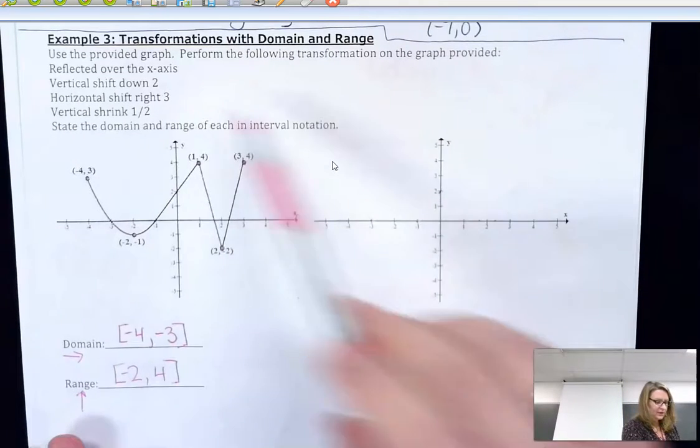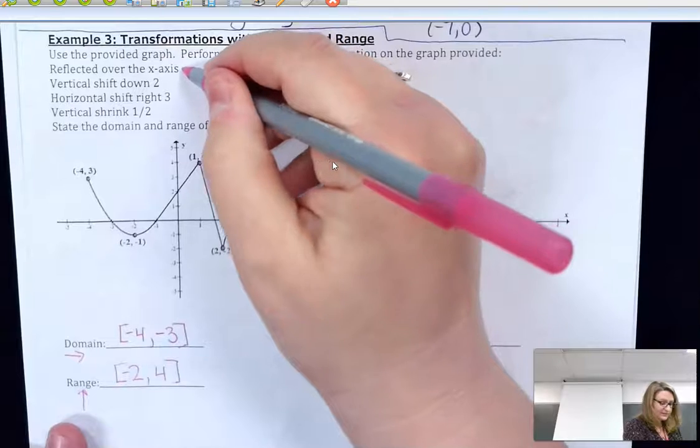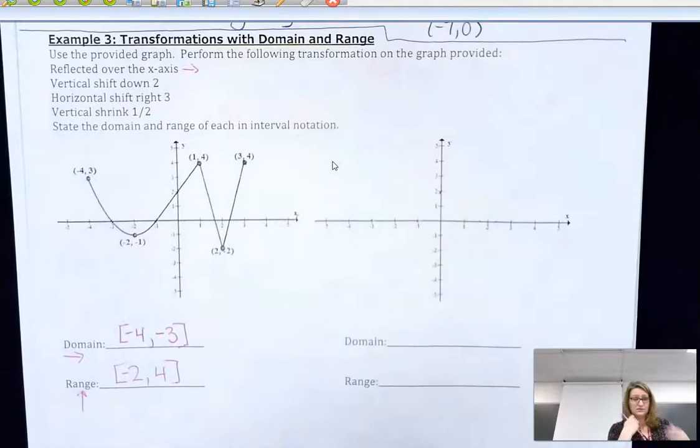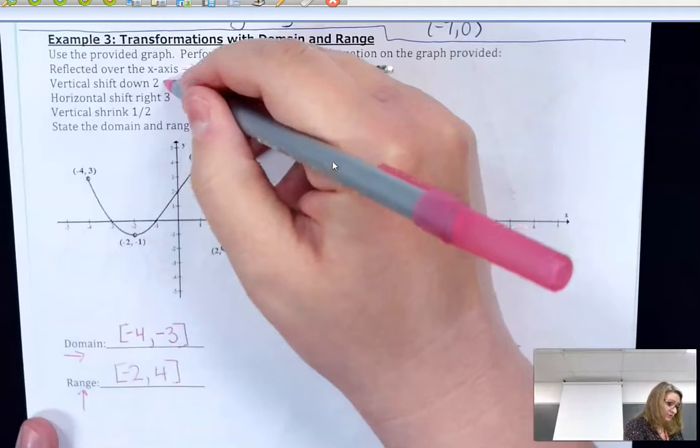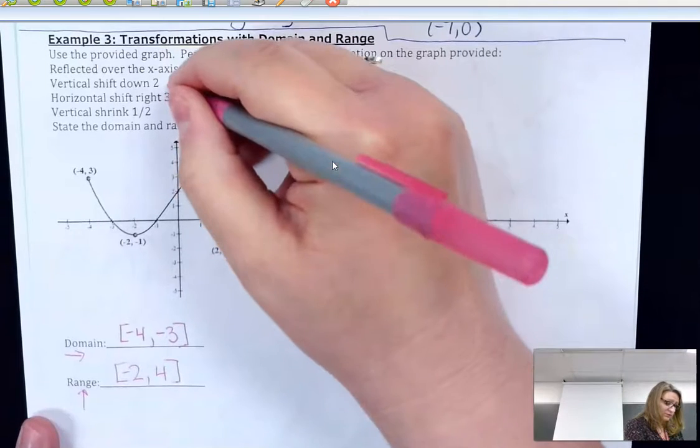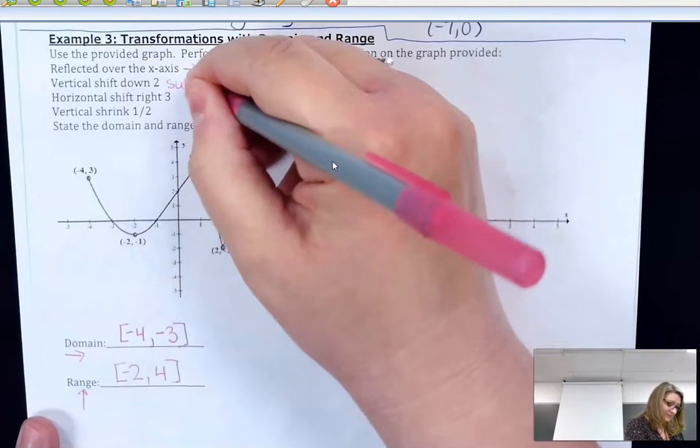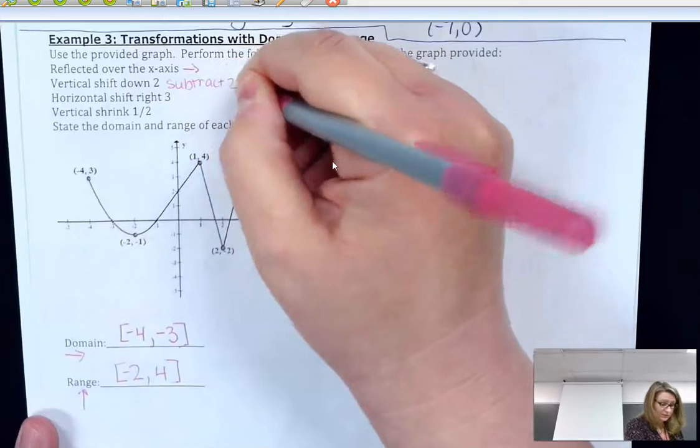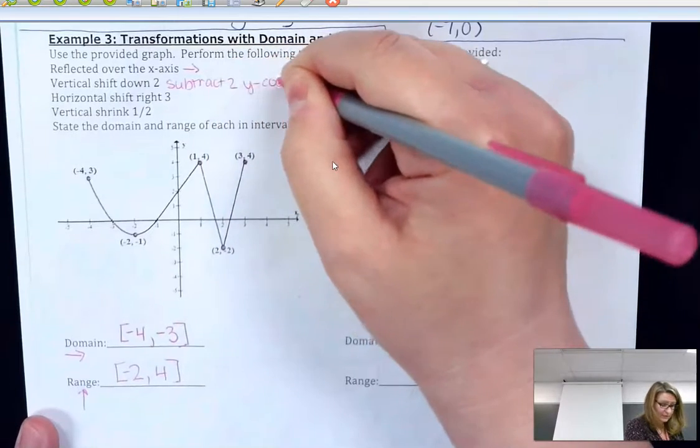Okay, now what are we going to do to this? And we're going to put it over here. We are going to reflect this over the x-axis. So if I reflect that over the x-axis, I am just going to switch my x and y coordinates. Vertical shift down 2 units, we're going to subtract 2 from each y coordinate.